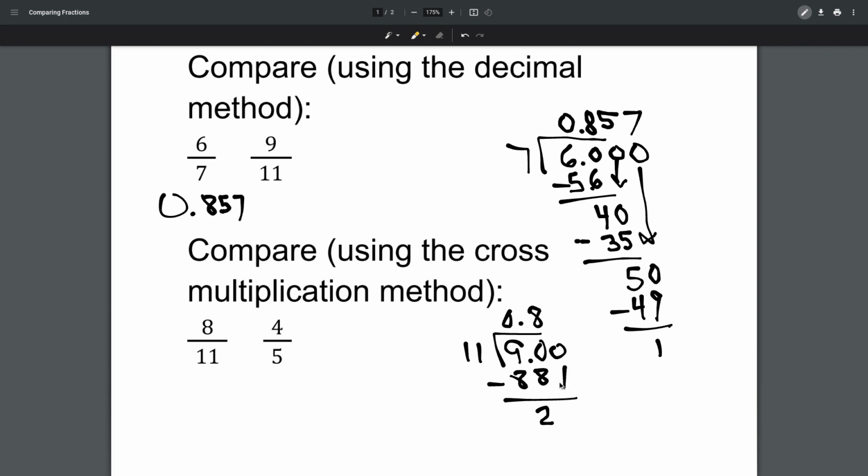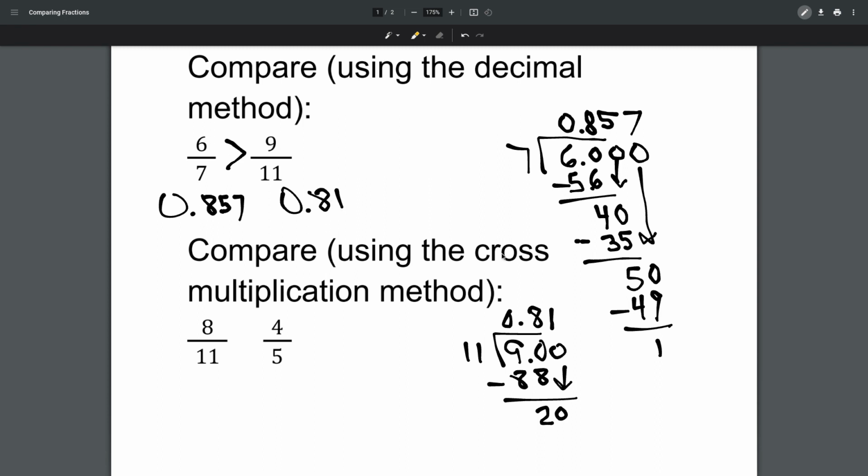Add a 0, bring it down. How many times does 11 go into 20? It goes in once. Okay, so I can stop right here. I can see that 1 is less than 5. So therefore, 6/7 is going to be greater than 9/11, right? Because 9/11 starts off with 0.81, and it goes on after that.